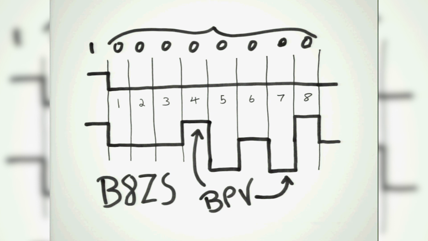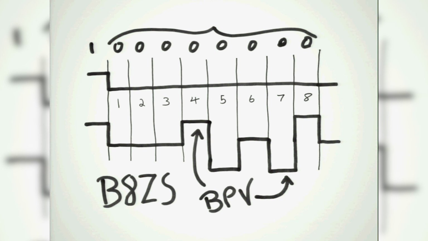And that timing will stay in sync with the machine that's upstream as long as it has state changes. So there's a problem if for some reason the data is all zeros. We won't have enough state transitions to keep our local time in sync. Okay, so this gives us our ones density requirements for both T1 and E1.